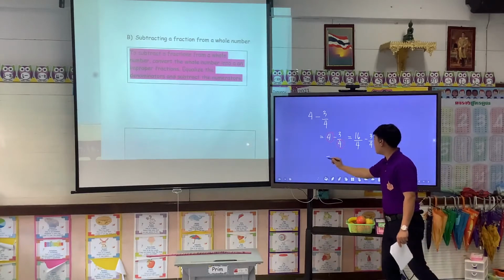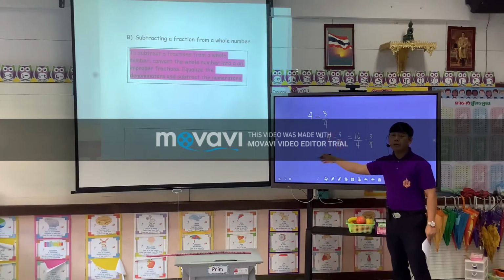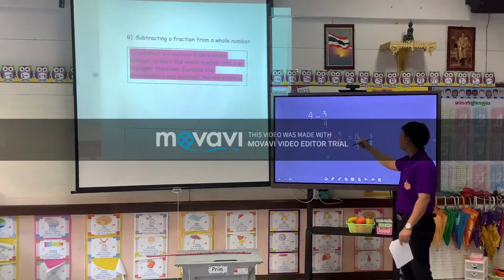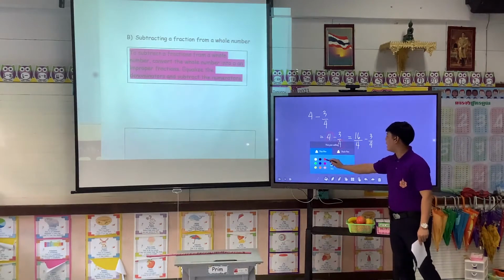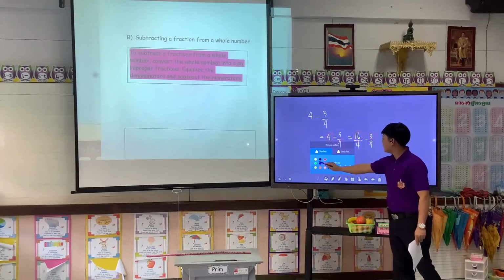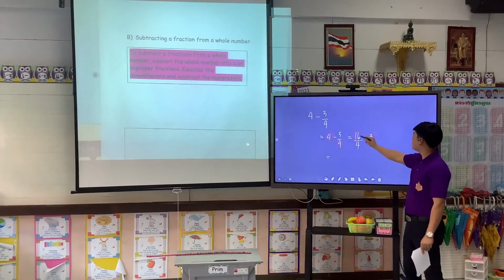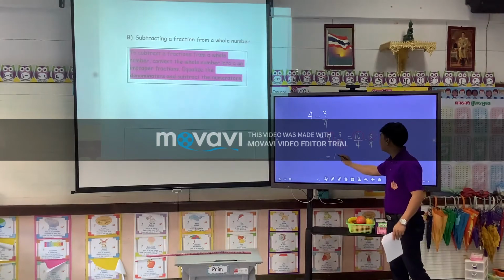Next, what are we going to do? After we have converted into the improper fraction, we need to subtract the numerator. So 16 minus 3 is 13.